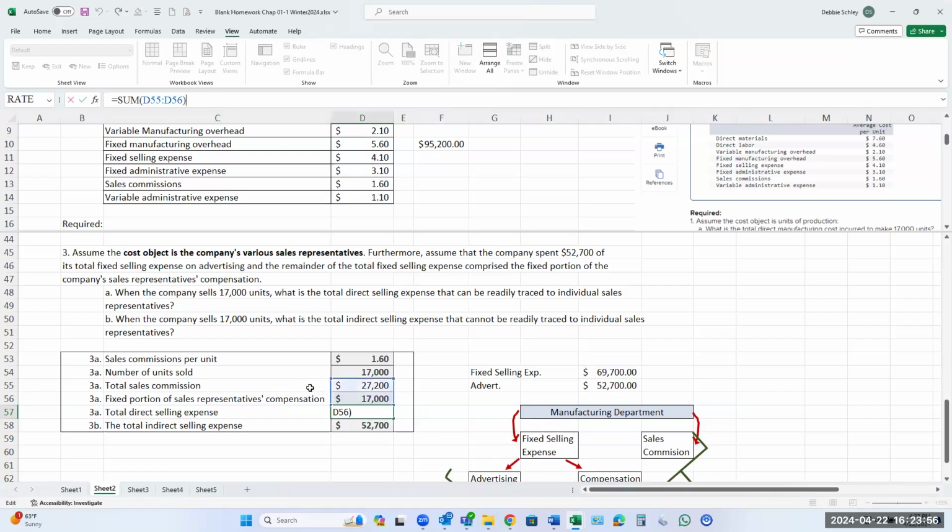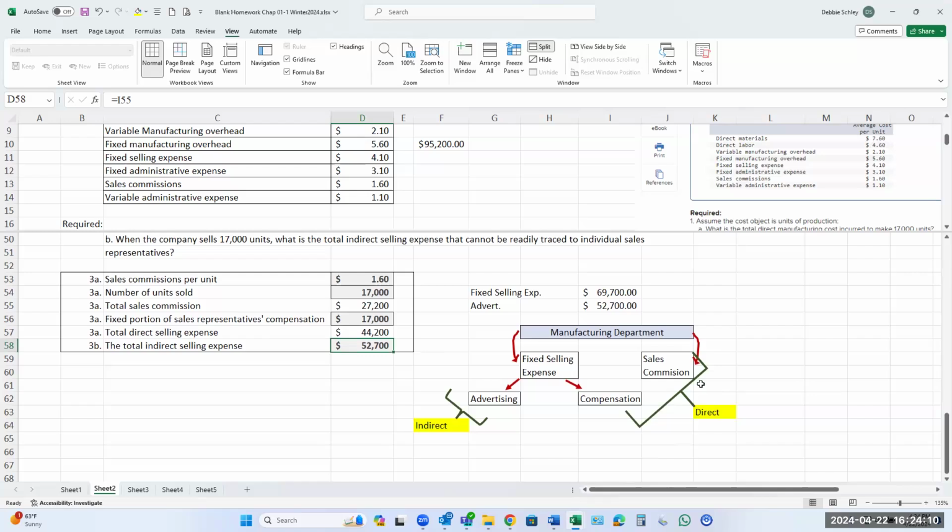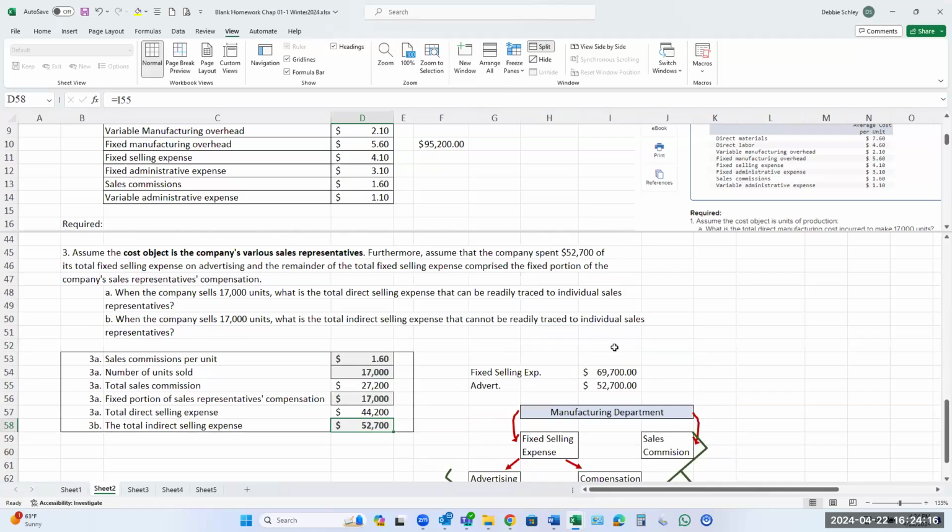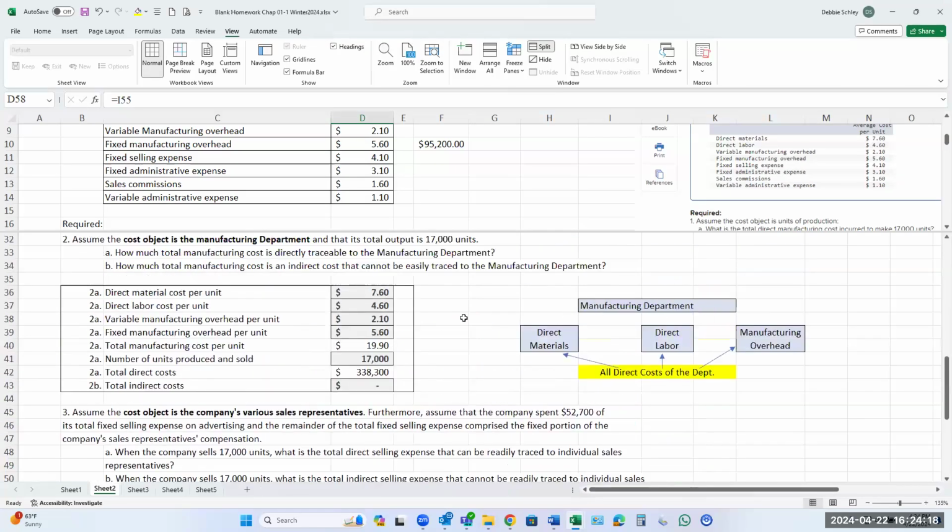It's adding the sales commission and the compensation, which is the total direct selling expense. And then advertising is the total indirect selling expense. So just remember, when the cost object, oh, whoops, that's not right. Sorry.